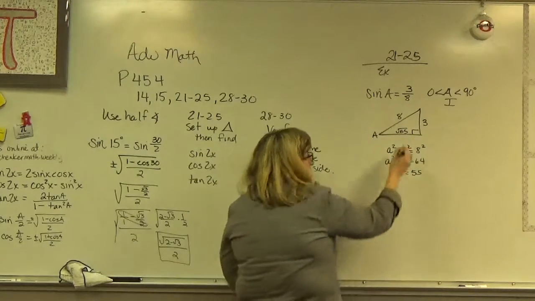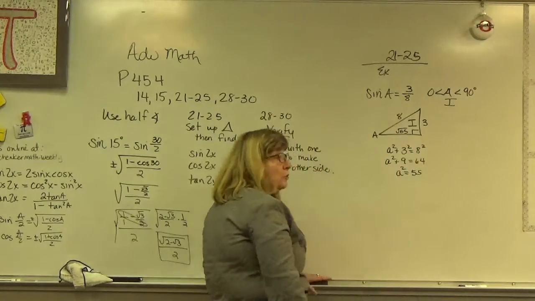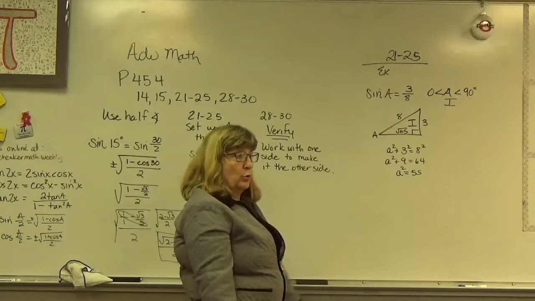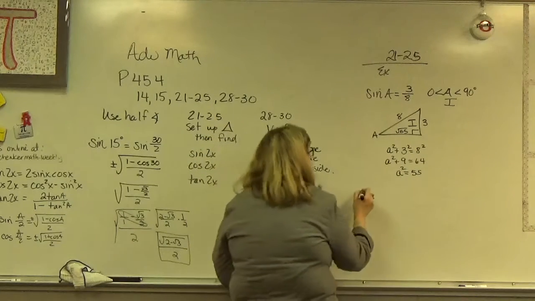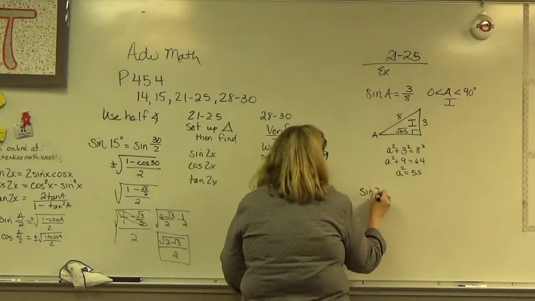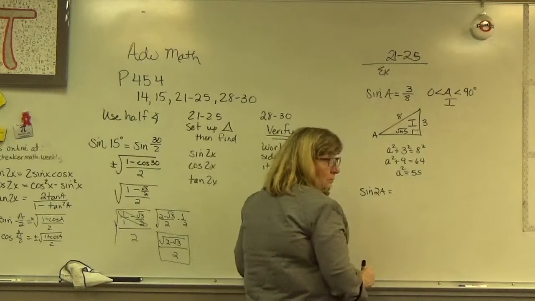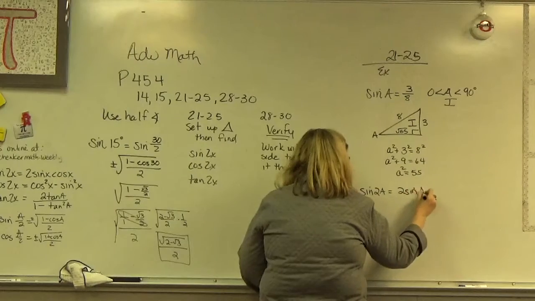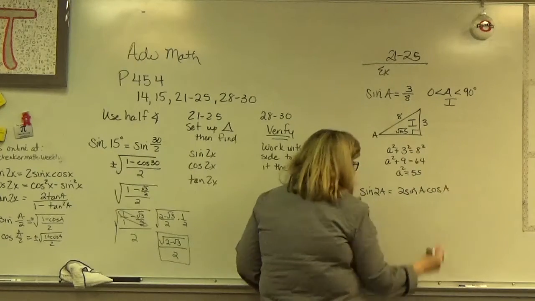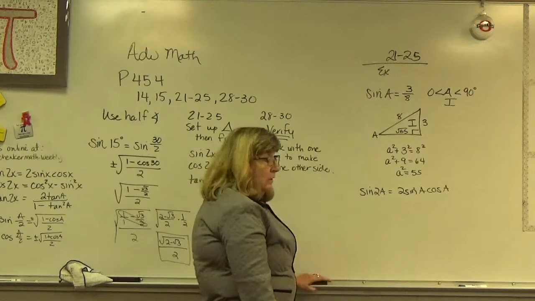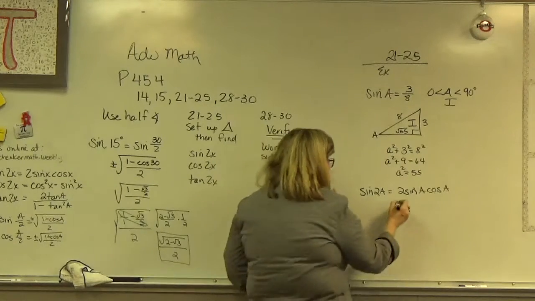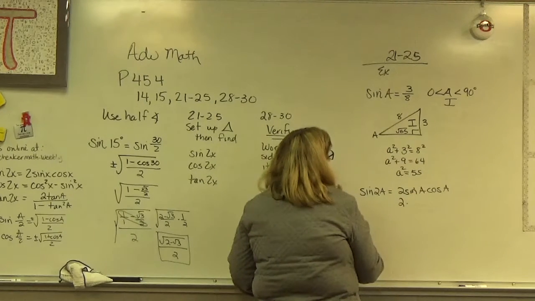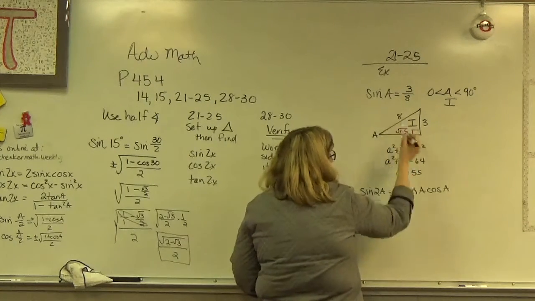And we're in the first quadrant, so we aren't going to have to worry about signs, right? Now, what is the formula for the sine of a double angle? 2 sine of x cosine of x. So in our case, since sine is A, it's 2 sine A cosine A. Okay? Now, you go to your triangle. What's the sine of A? 3/8.